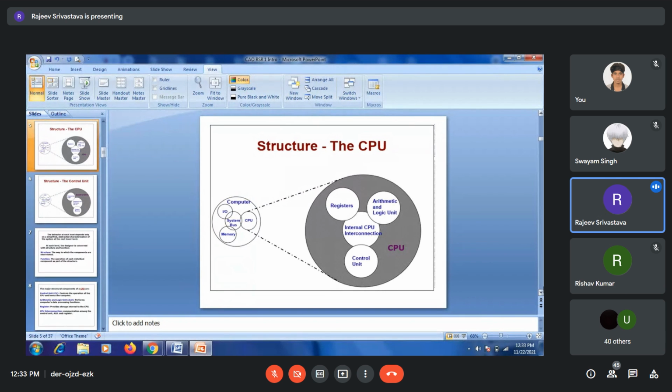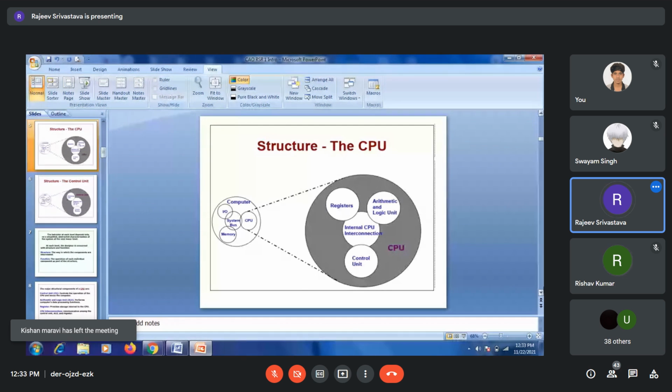Of course, if we enlarge our CPU, in the CPU we can have registers. Basically, we have registers, the arithmetic and logic unit, which is often referred to as the ALU, and the control unit.